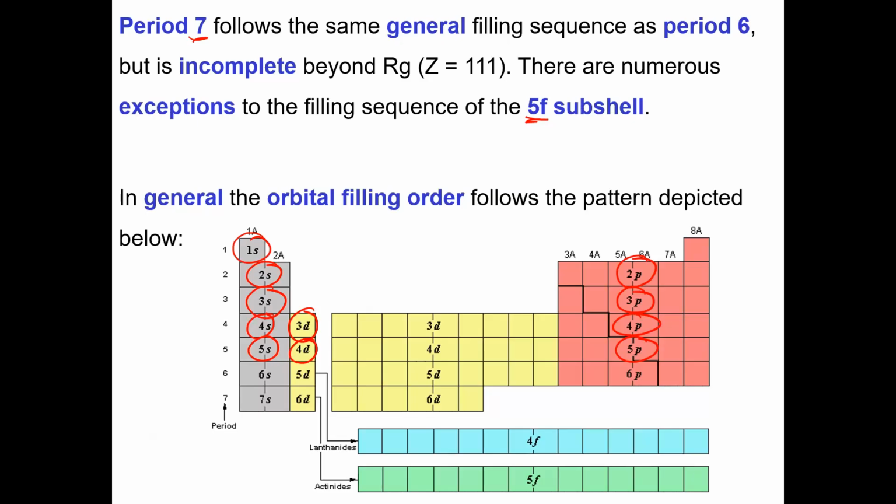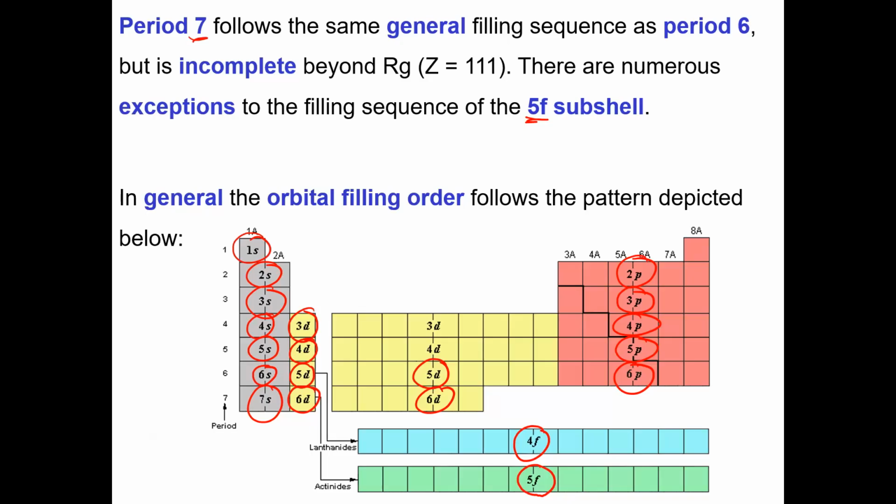And in the sixth row, we start seeing f electrons for the first time. We're filling up a 6s, a 4f, a 5d, and 6p subshell. And in the seventh row, we're filling up a 7s, a 5f, and I should say, and a 6d subshell. I guess 6d appears twice in this diagram, doesn't it?